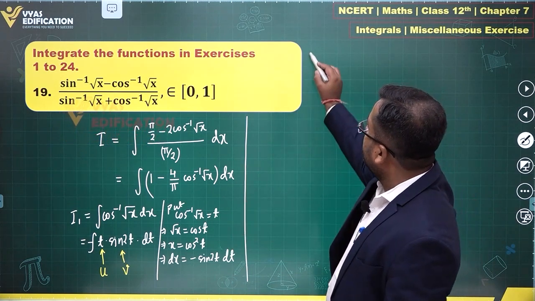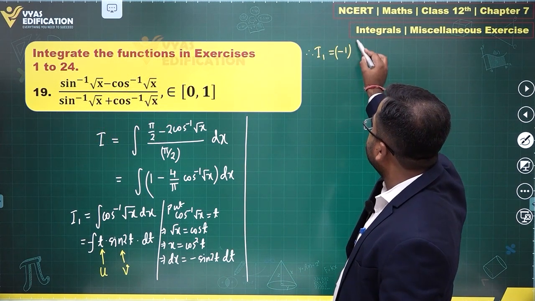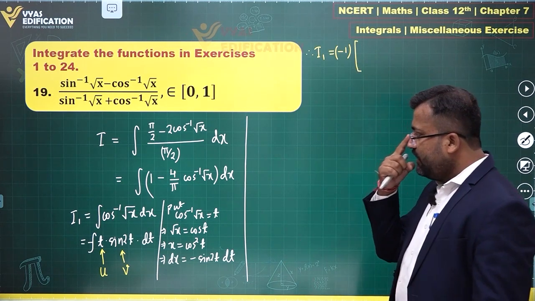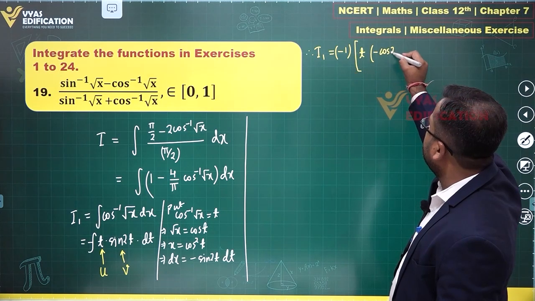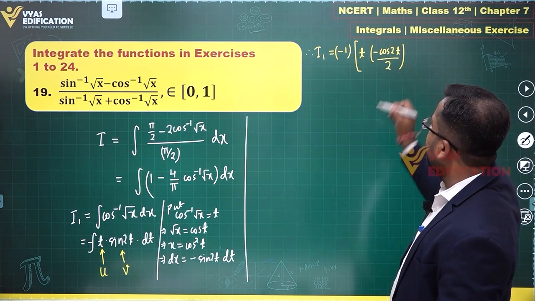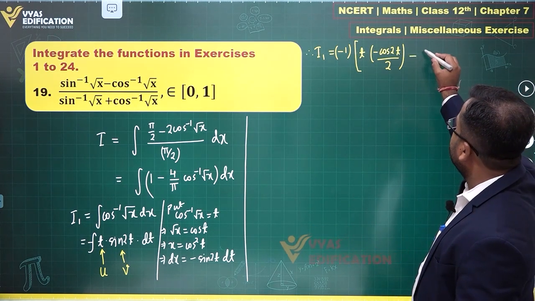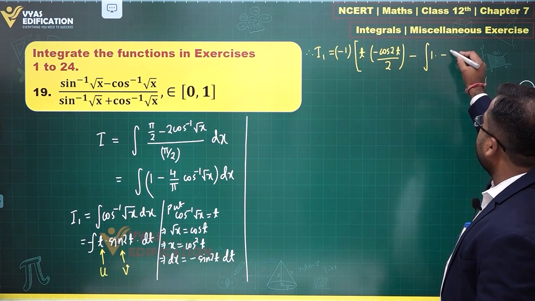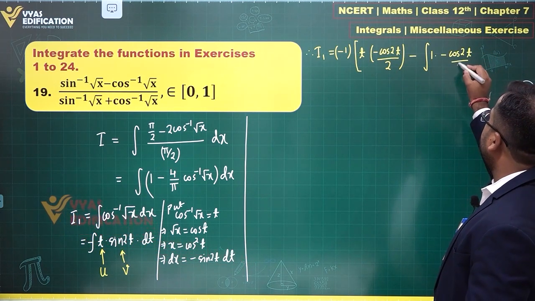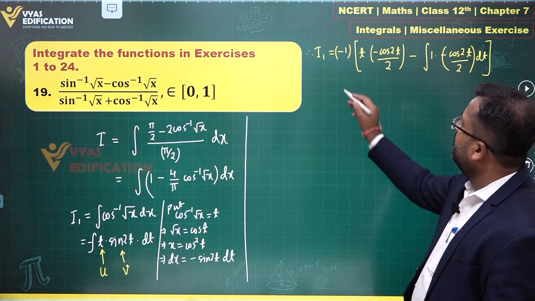So therefore I1 will be equal to minus 1 common. In the bracket you will have first function times integral of second function, minus cos 2t upon 2, minus integral of derivative of t, which is 1, times the integral, minus cos 2t upon 2 dt, in the square bracket.